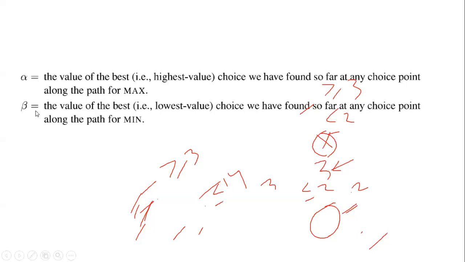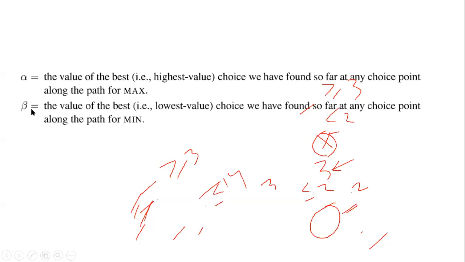Okay, or beta, the value of best lowest value choice we have found so far at any choice point along the path for min. किसी भी min node के लिए beta value is the best value, lowest value we have found till now.